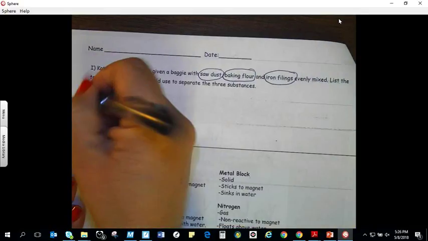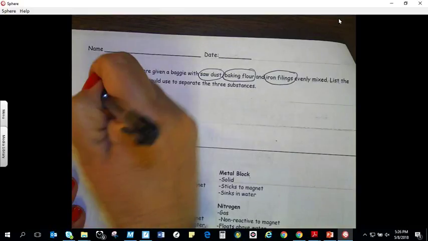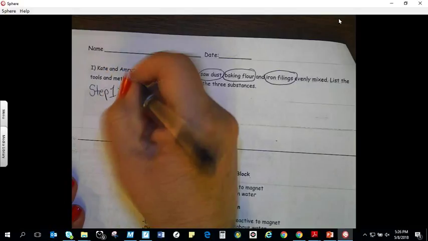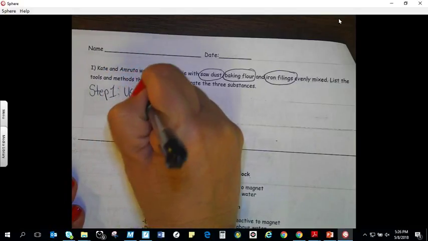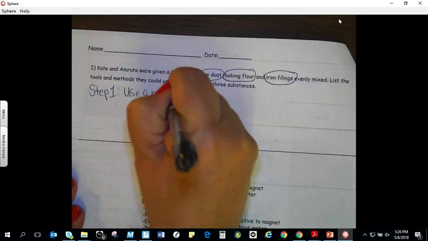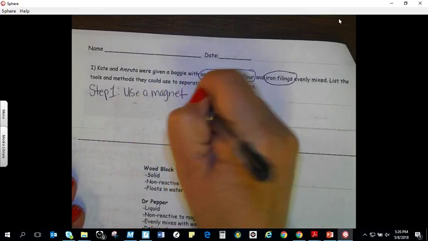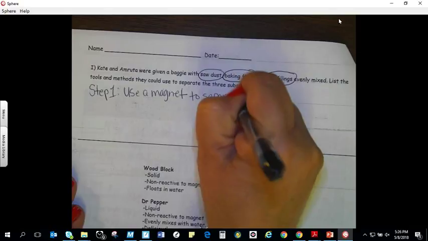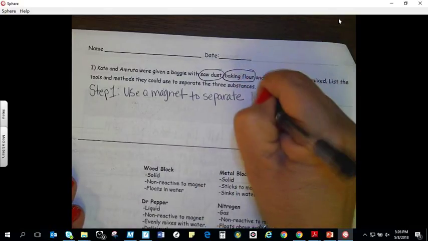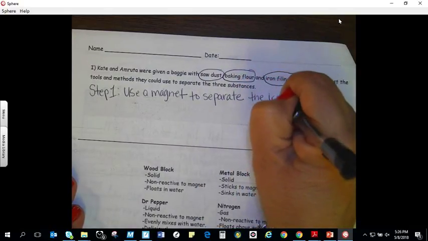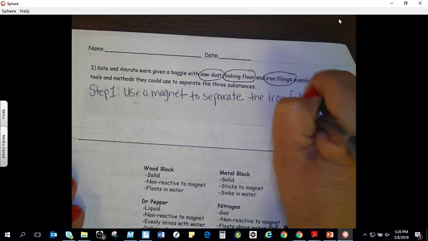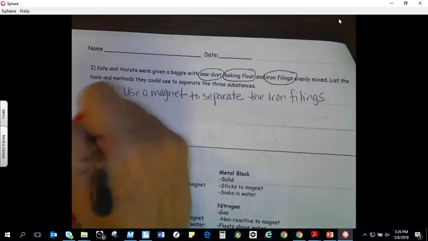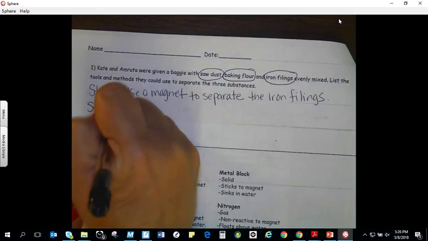Immediately, I know that I can, yep, I hear y'all yelling it out, use a magnet to separate the iron filings. Okay? The next step is, what would you do next?